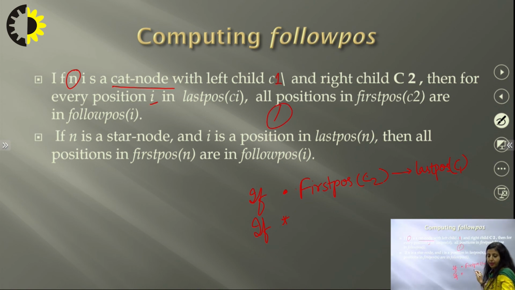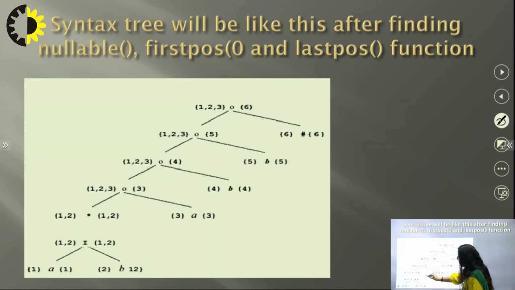To find the followpos for the star node, we have to add the firstpos of n to the followpos of the lastpos of n. So let us first compute the star node, because this comes before the concatenation node. So we have to compute the followpos for this node.